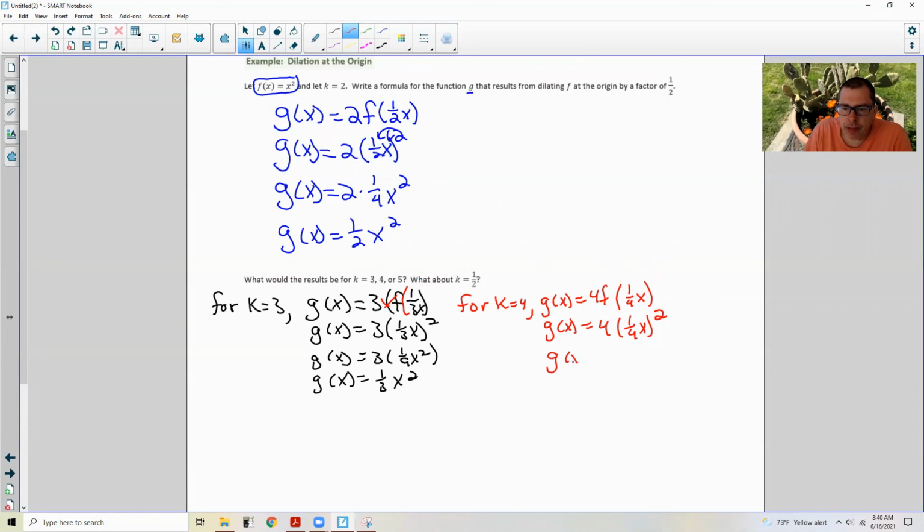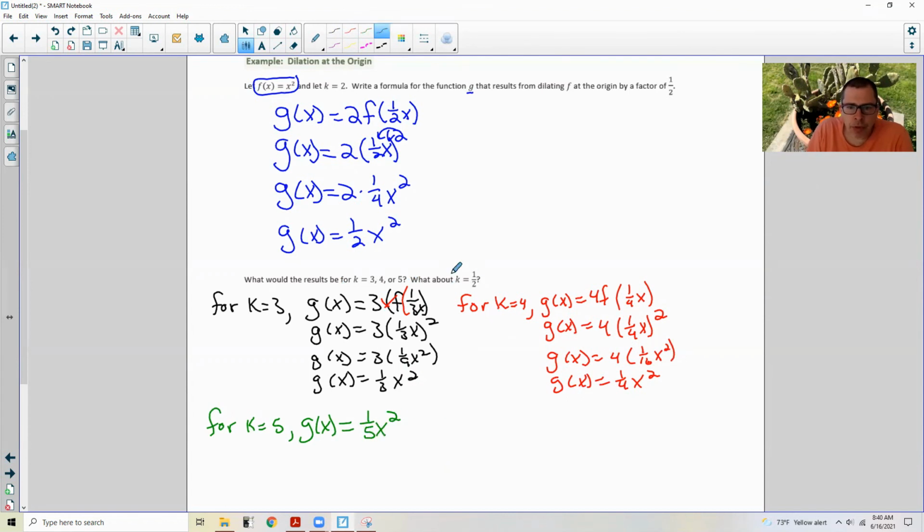So g of x is going to equal 4 times, well, 1/4 squared is 1/16 x squared. And then when I multiply that by 4, I'm going to get 1/4 x squared. So you see a pattern here. When k is 3, we're getting 1/3 x squared. When k was 4, we're getting 1/4 x squared. So that should mean that for k equals 5, g of x is going to equal 1/5 x squared.